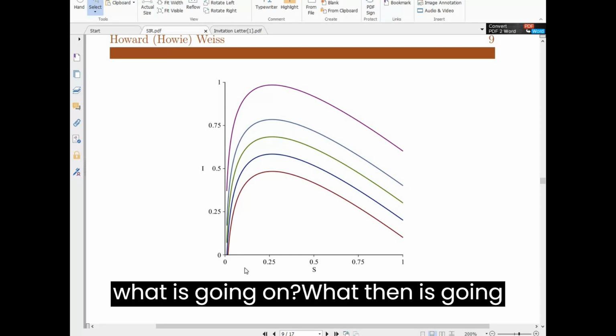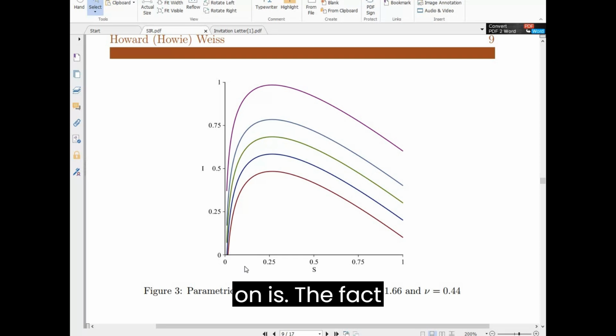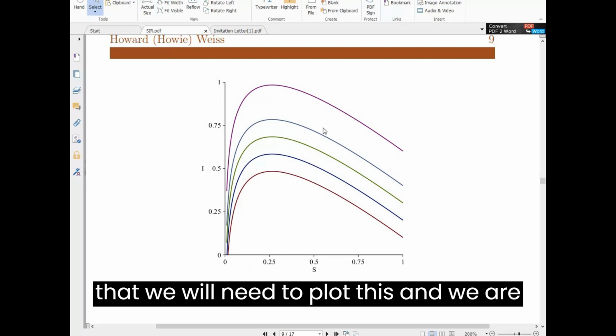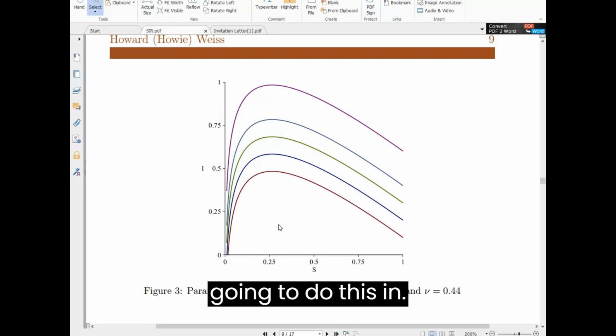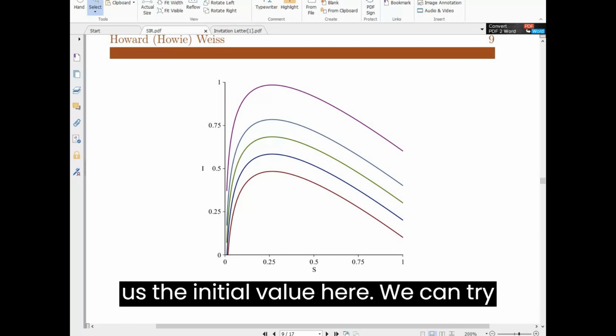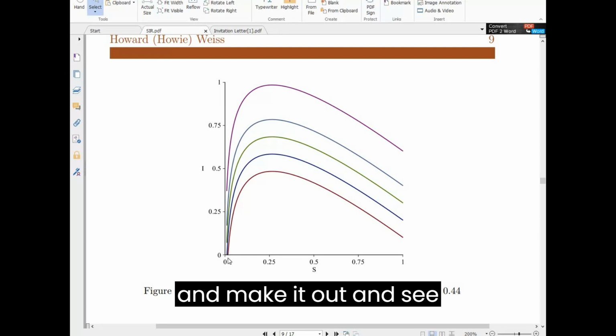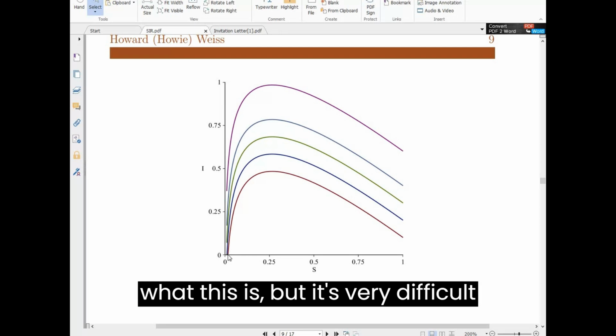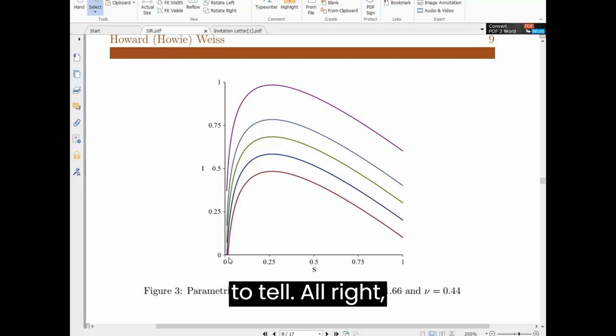What then is going on is that we need to plot this, and we are going to do this in Python. Of course, Howard did not do us a favor of telling us the initial value here. We can try and make it out, but it's very difficult to tell.